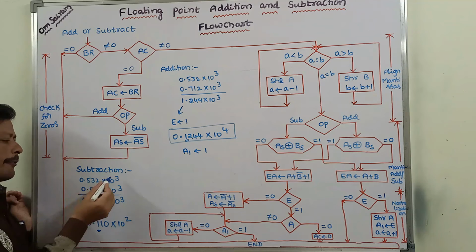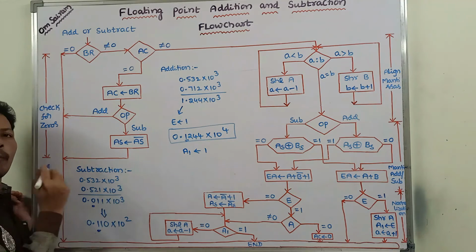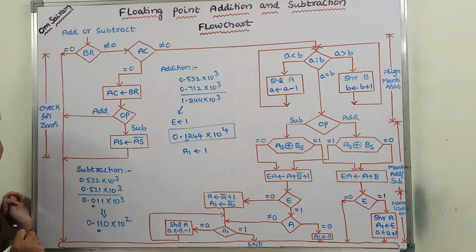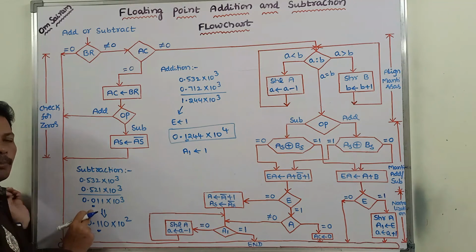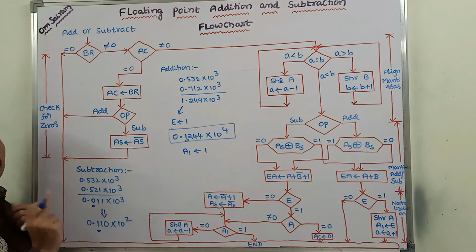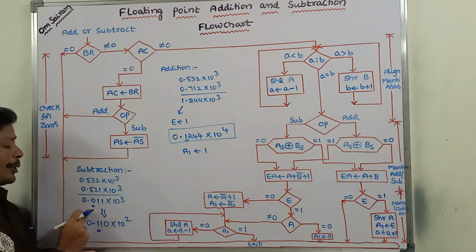After performing the subtraction operation, we check the most significant bit value. If the most significant bit of the mantissa is 0, then it is an underflow condition. Whenever underflow occurs, that means the A1 value is 0, that is, the most significant bit of the mantissa is 0.